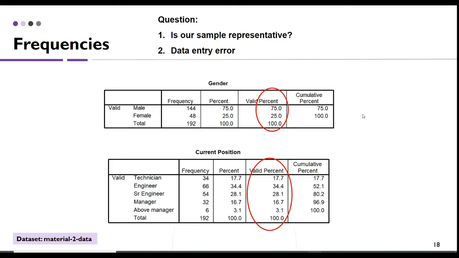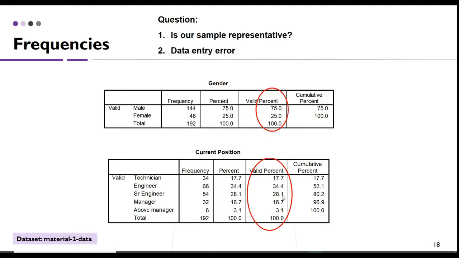But if the population breakdown in terms of gender is 50% male and 50% female, we can conclude that no, this sample is not representative, and you need to give some justification why this happened to your sample. So we cannot say, because we need to refer to our population and check it.